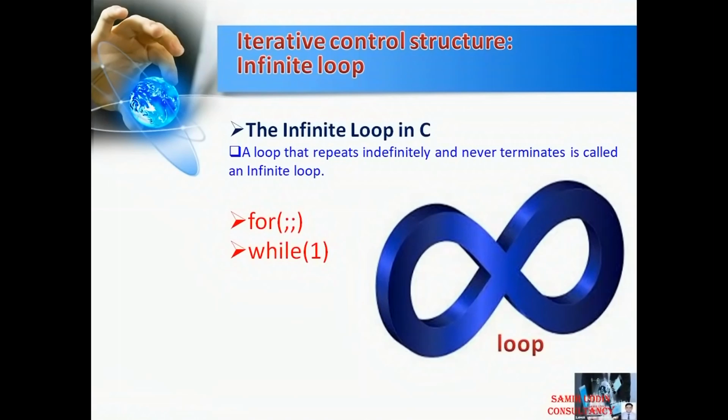Sometimes we create these loops by mistake in our programs, while in some cases we purposely create them. So let's take some examples and see what kind of mistake can lead to an infinite loop.